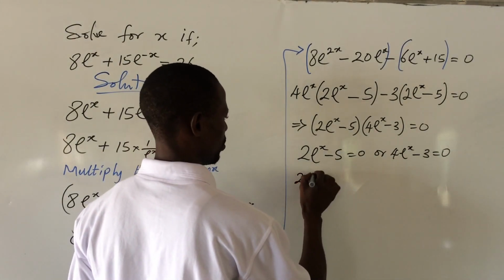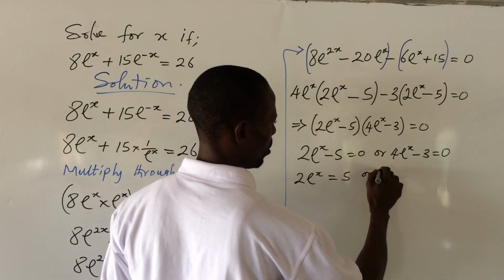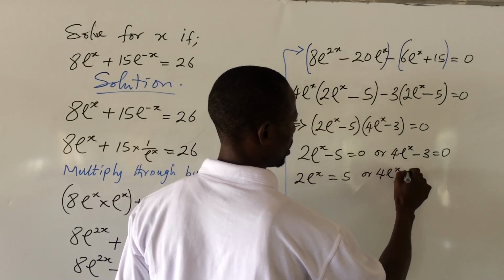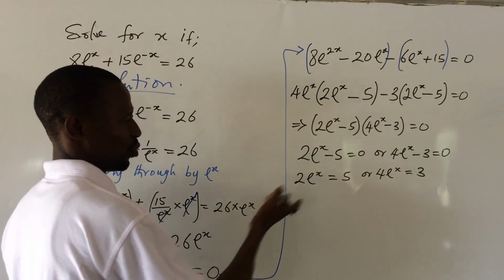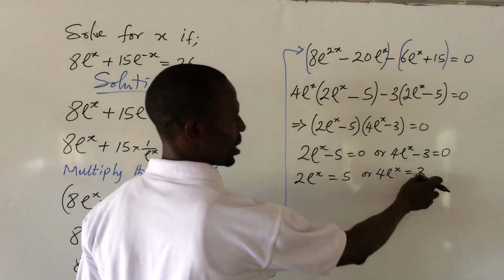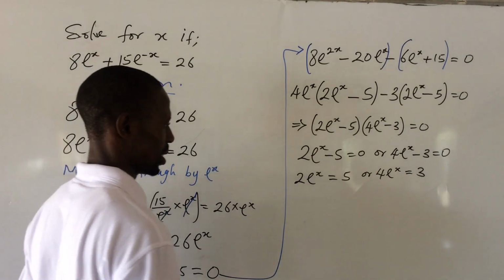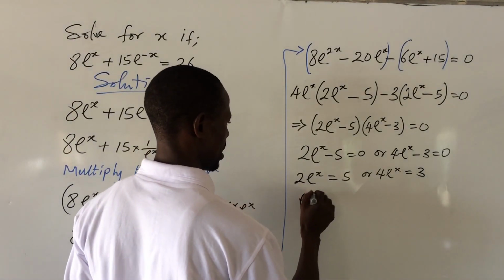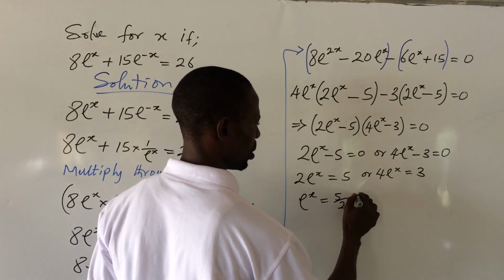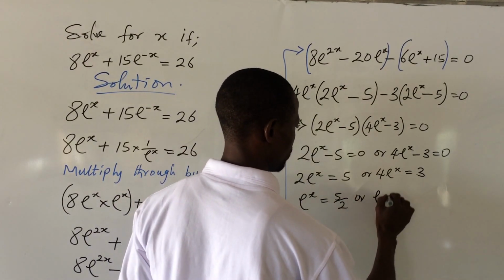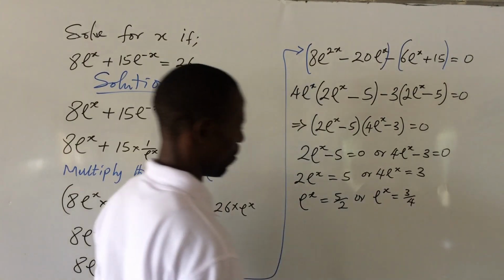This will now give us 2eˣ = 5 or 4eˣ = 3. We divide this by 2, we divide this by 4 for us to get our eˣ. So this now implies eˣ = 5/2. Here we have eˣ = 3/4.